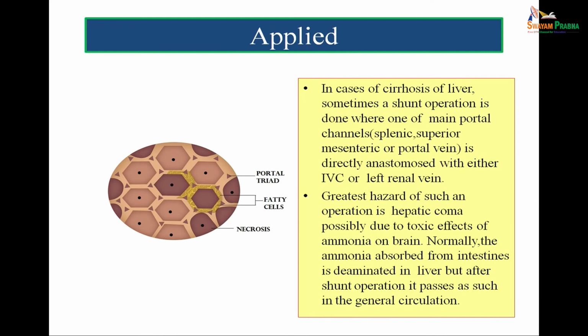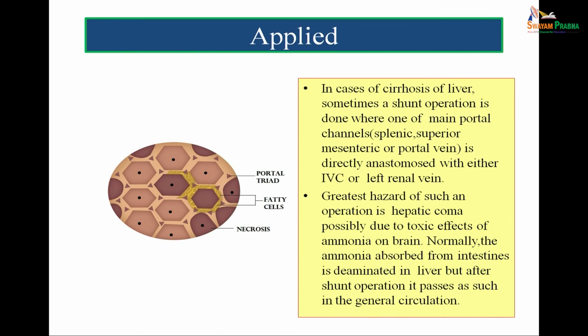So if I read from the slide, in case of cirrhosis of the liver, sometimes a shunt operation is done where one of the main portal channels is directly anastomosed with either inferior vena cava or left renal vein. The greatest hazard of such an operation is hepatic coma, possibly due to toxic effects of ammonia on the brain.